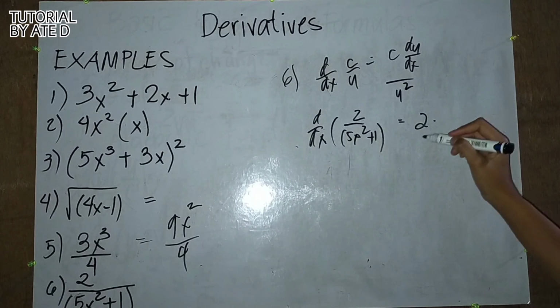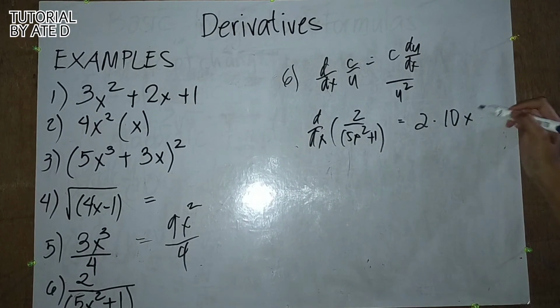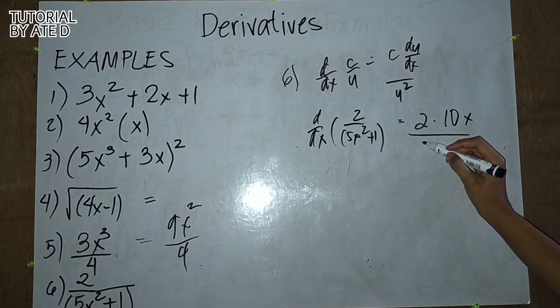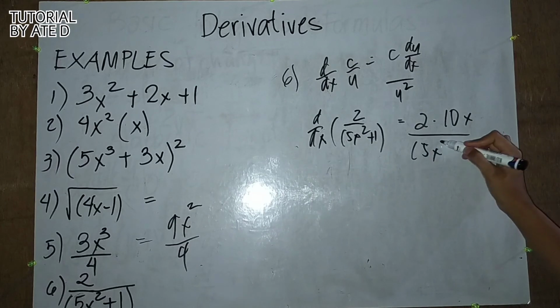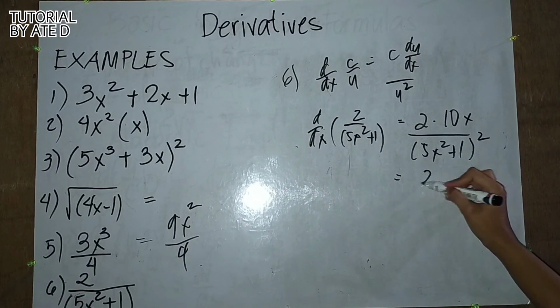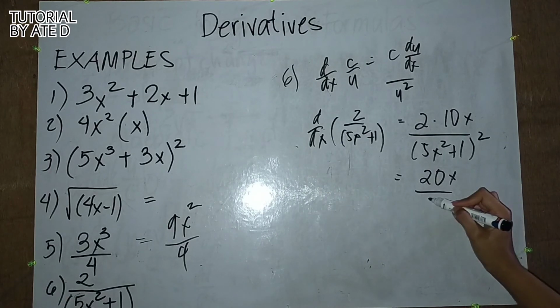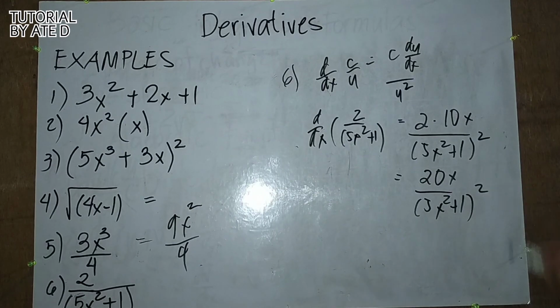Tapos, i-multiply yung derivative, which is 10x. Tapos, i-divide sa square ng denominator, 5x squared plus 1. The answer will be 20x over 5x squared plus 1 squared. So, ito na yung sagot.